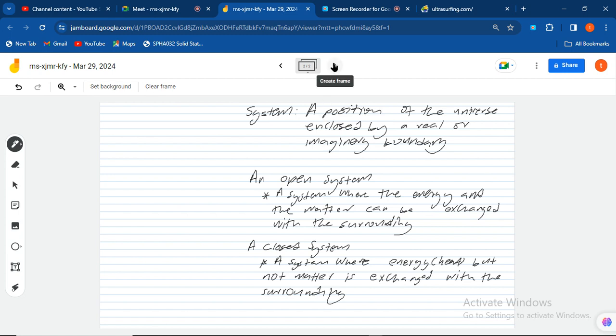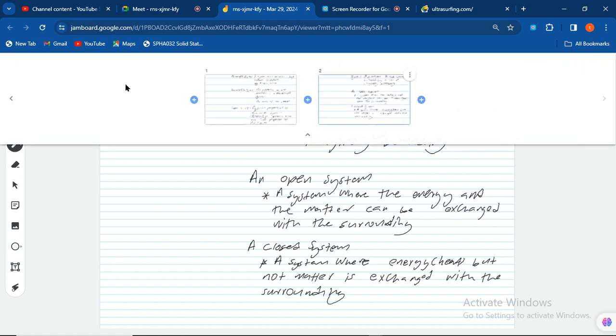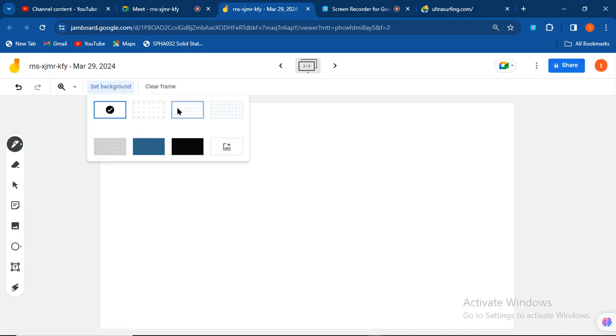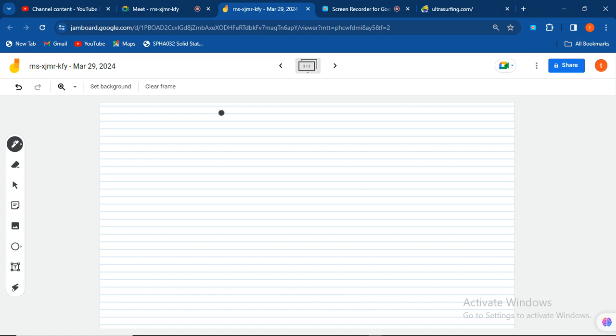That's what we call a closed system. Only energy is exchanged with the surrounding.